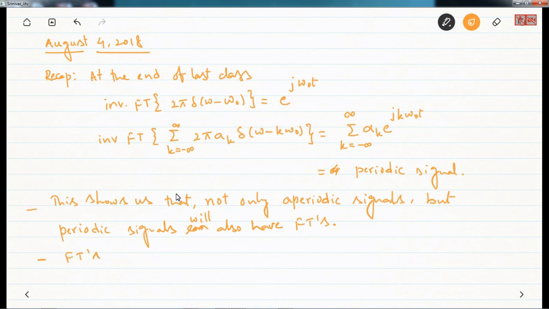So Fourier transform of periodic signals contains impulses. Impulses in the frequency domain.